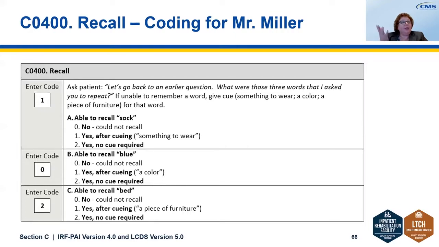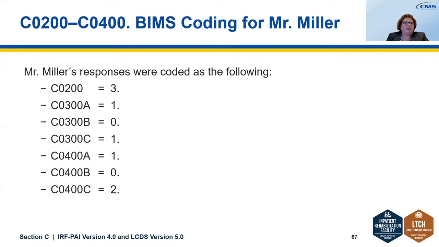And again, from the look of all that polling, I would say you guys are doing pretty good, but let's move on, more coding to do, right? So the next item here we want to look at is, I'm sorry, C0500, the BIMS summary score. So after you look at the coding of C0200 through C0400, that's going to determine what your actual BIMS summary score shall be.